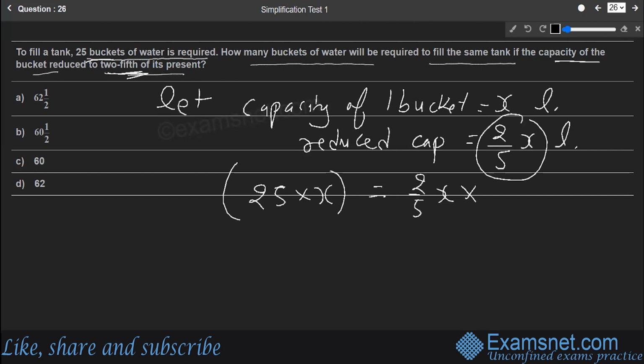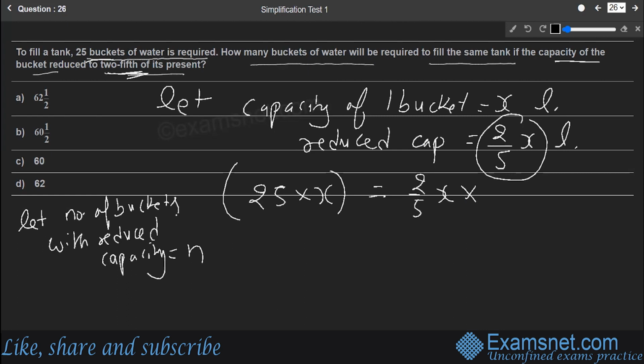That number is unknown, so let us assume the number of buckets with reduced capacity required to fill the tank to be n. So with 2 by 5 x, n buckets will be required to fill the tank. This is the expression that we get.